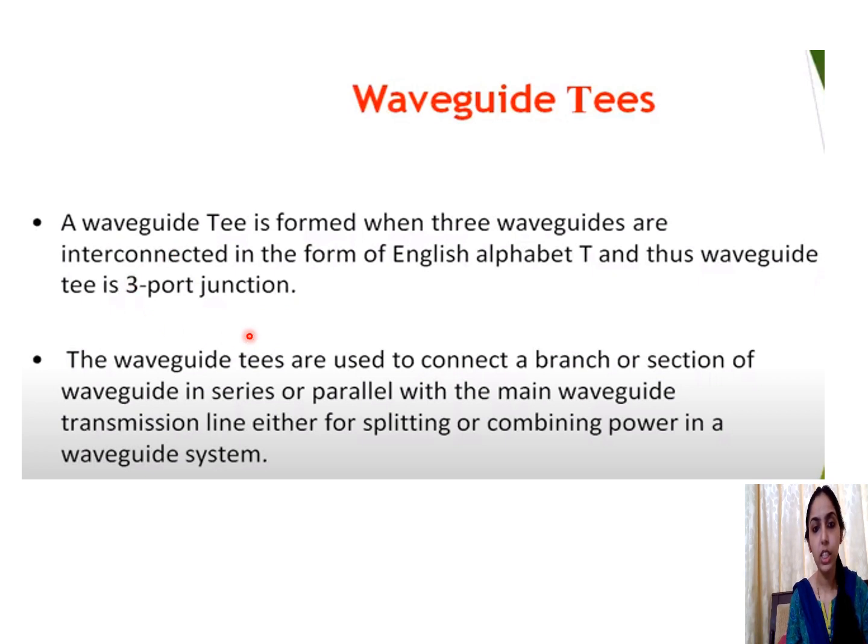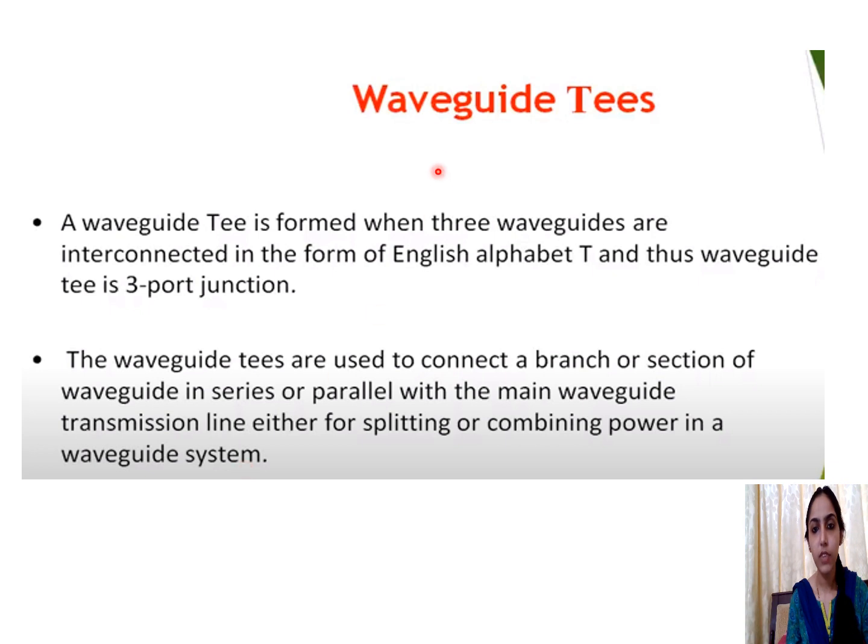So we have three ports here, by interconnecting three waveguides in the form of the English alphabet T. Since it is interconnected in the form of the letter T, we call it a waveguide T. The waveguide Ts are used to connect a branch or a section of the waveguide in series or parallel with the main waveguide transmission line, either for splitting or combining the power in a waveguide system.